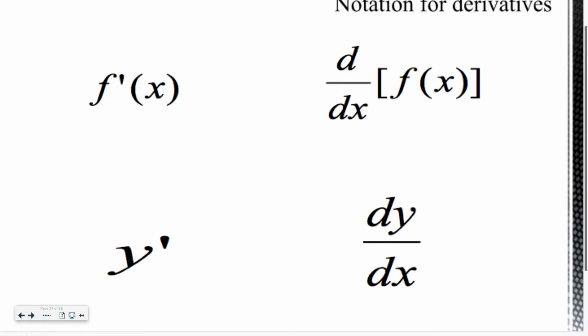Change in y over change in x, right? dy dx. You know where the d's come from? Delta y, delta x. So all of those notations mean the same thing. Any questions about those?